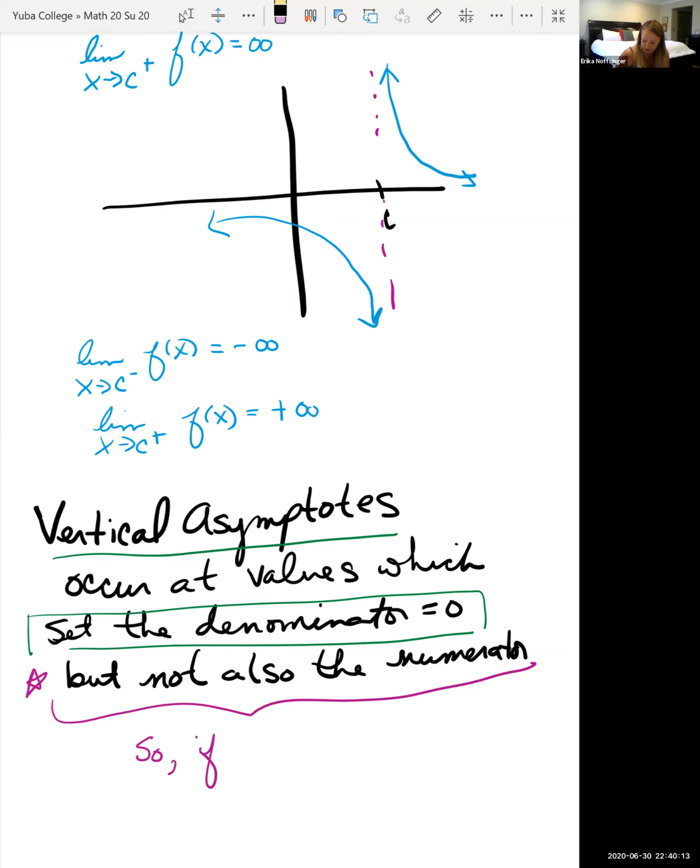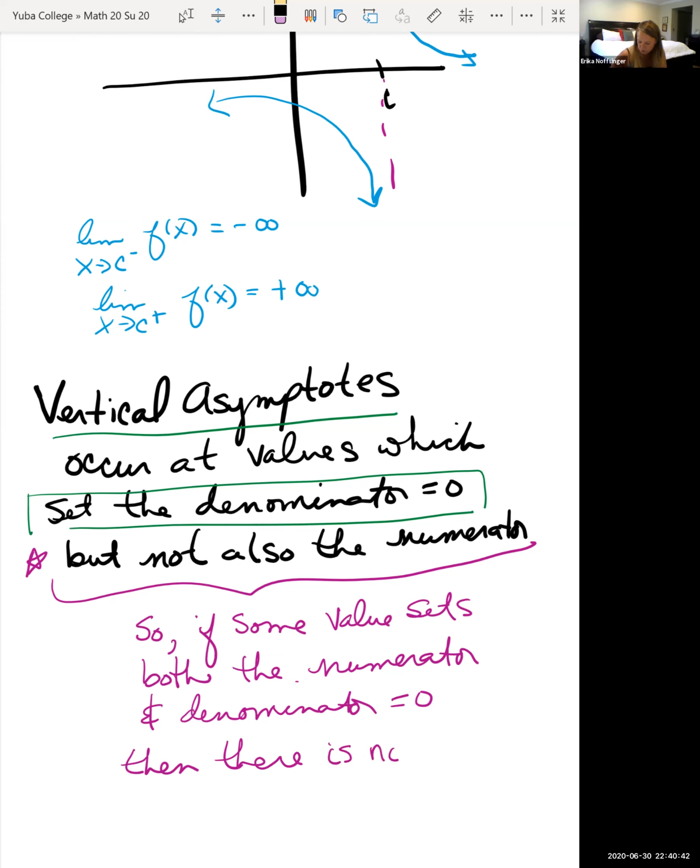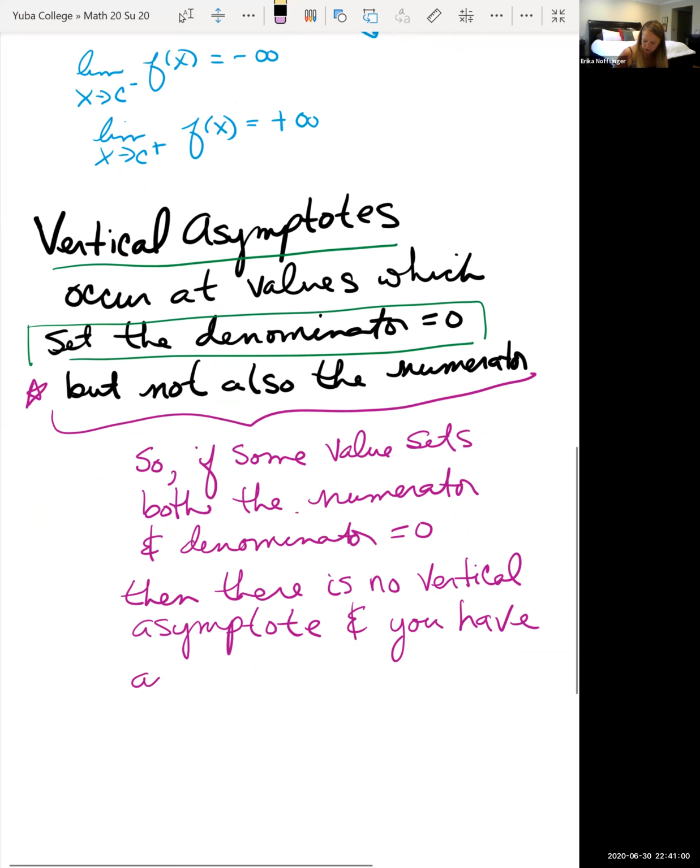So if some value sets both the numerator and denominator equal to 0, then there is no vertical asymptote, and you have an open circle at that point.